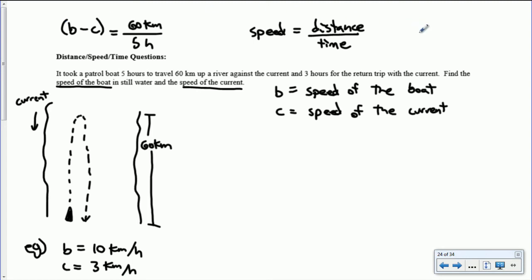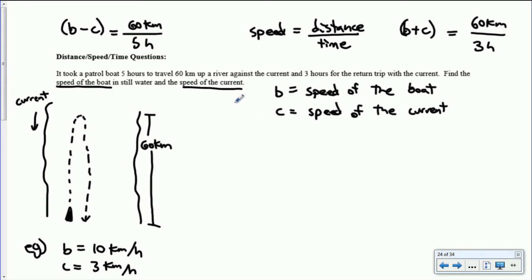And on the way downstream, we have the same distance, so 60 kilometers again. This time it's only 3 hours. And this time the current is adding to the speed of the boat, so b plus c. So in our simpler example here, they're going 13 kilometers per hour on the return trip.